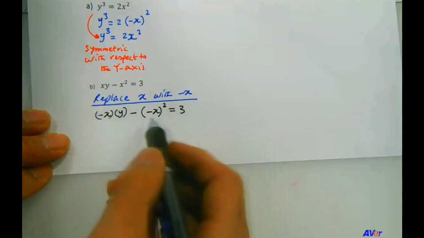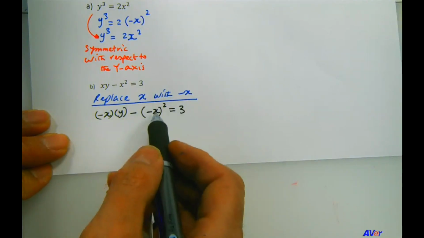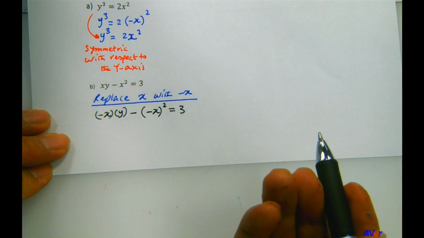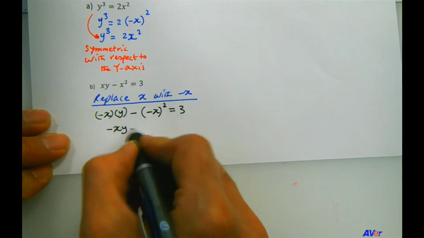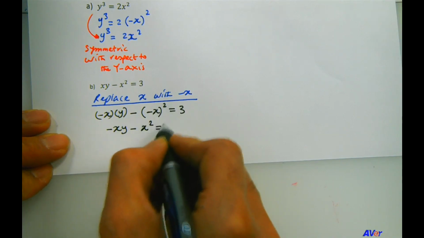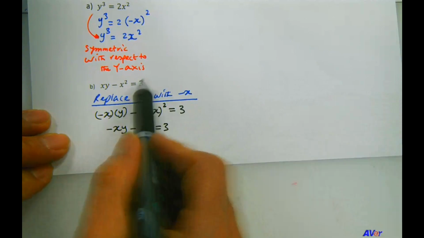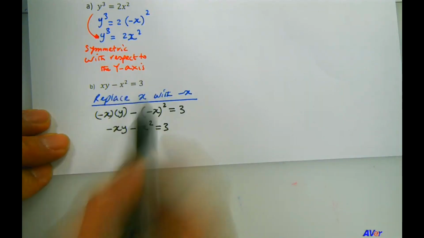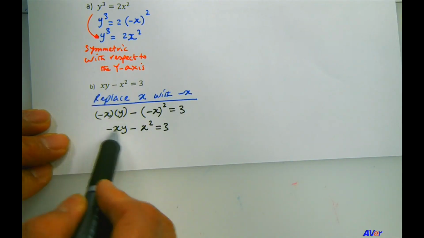So we want to know if after replacing x with negative x, we get the same equation. So let's simplify. We get minus xy minus x squared equals 3. Almost, but not quite, right? The 3 and the 3. Negative x squared, negative x squared. But here, xy, minus xy. So no.